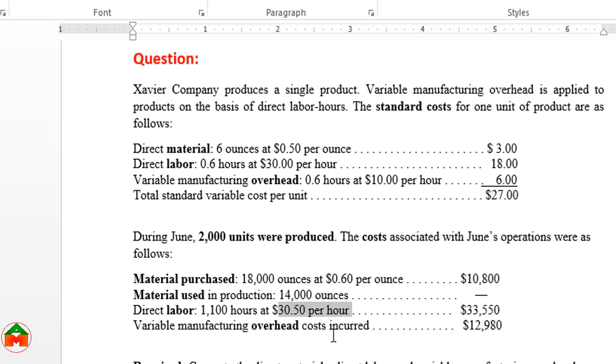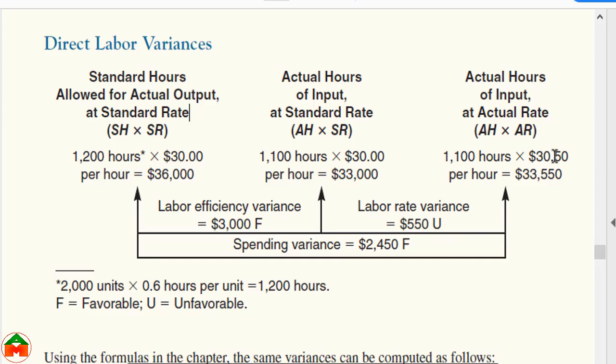So if we multiply this 1,200 hours with 30, the amount is 36,000. And here 1,100 hours, 30 is the standard rate, so the amount is 33,000. If we compare this one with this amount, then the variance is called the labor efficiency variance.